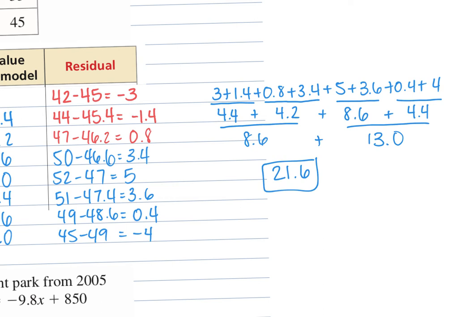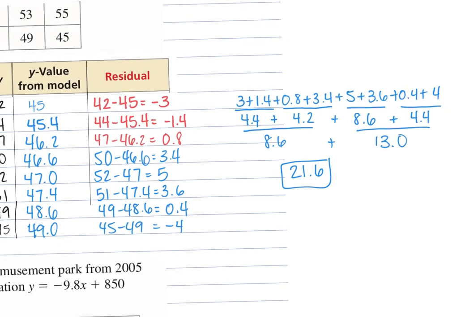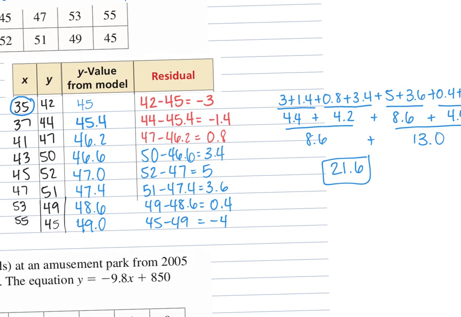Okay. Now, compare that to your y values. Is that a high or a small residual? What would you say, Gabby? It's pretty small. So we're going to say if it's a small residual, would this be a good model or a bad model? It's a good model. Okay.